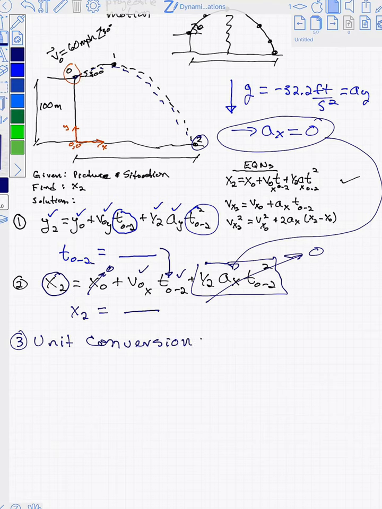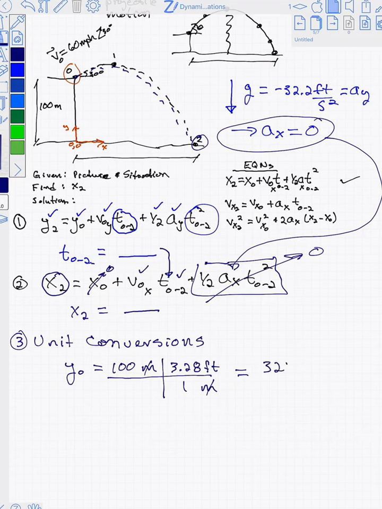You can often ask Siri how to do this, but I have y0 equals 100 meters, and there are 3.28 feet in every 1 meter, so y0 is 328 feet.